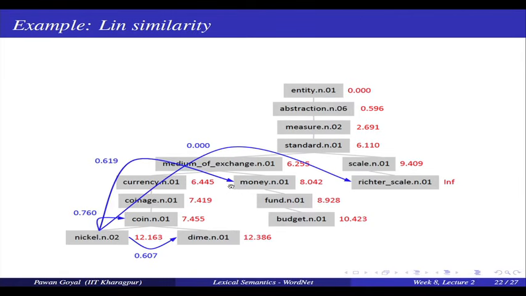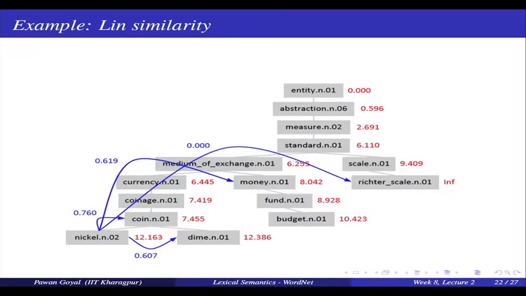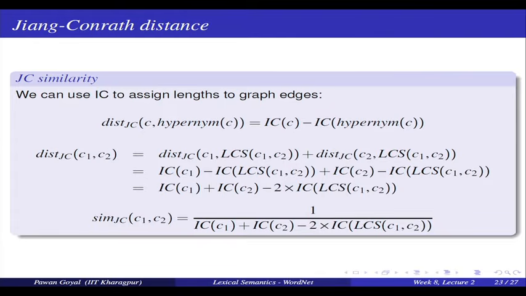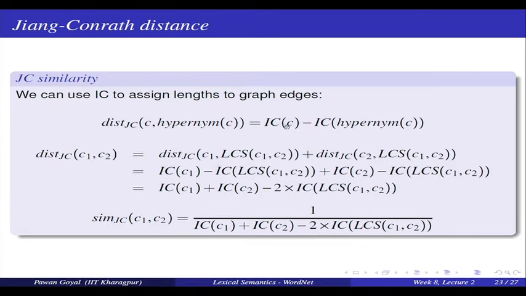So Lin similarity is a much more well accepted measure than the previous measure that we have seen, the Resnik similarity. There are some variations here, for example, the JC similarity. What they say in JC similarity is to find out or give a value to each edge, that is the distance between two concepts, and this would be the information content of the concept minus the information content of the hypernym, and I can define the distance between two concepts as their distance.